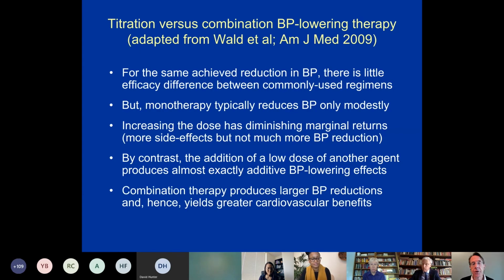And so they concluded that the strategy, once you've decided that lowering blood pressure makes sense, should be to use a combination of low or moderate doses of several agents in order to get the largest blood pressure reduction and therefore the largest cardiovascular benefits, while minimizing the risk of side effects associated with a particular agent. Bearing in mind, of course, if one lowers blood pressure too much, then people do start to get symptomatic problems.